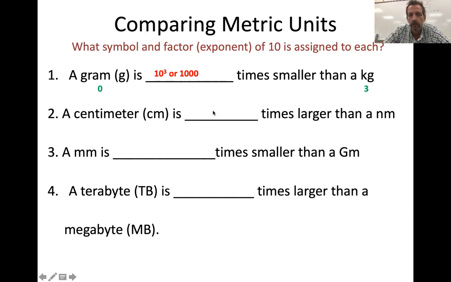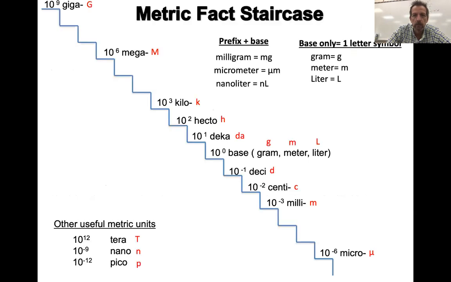So let's do the same thing with centimeter and nanometer. If we were thinking about centi compared to nano, we could go back to our metric staircase. Let's place ourselves at centi, right here. Nano is a small unit. It goes down to 10 to the -9. So we'd fall from centi down to nano. Hop, hop, hop, hop. We only fell to micro, right?